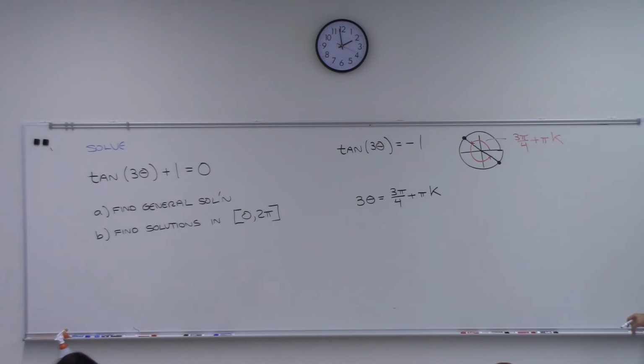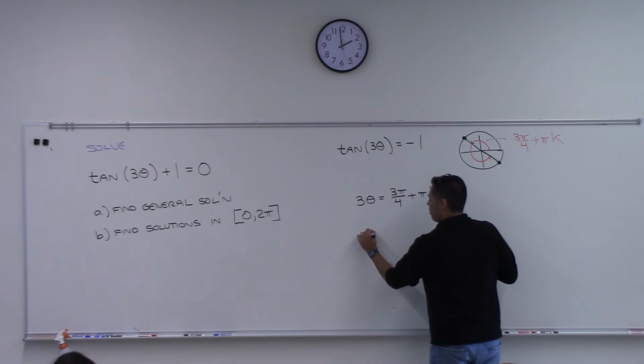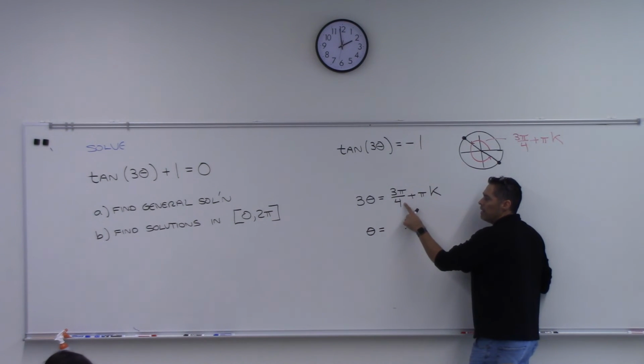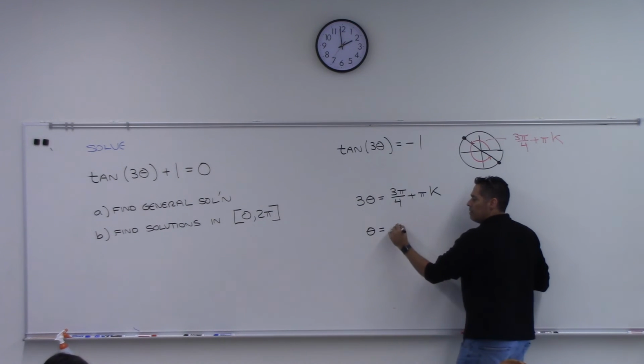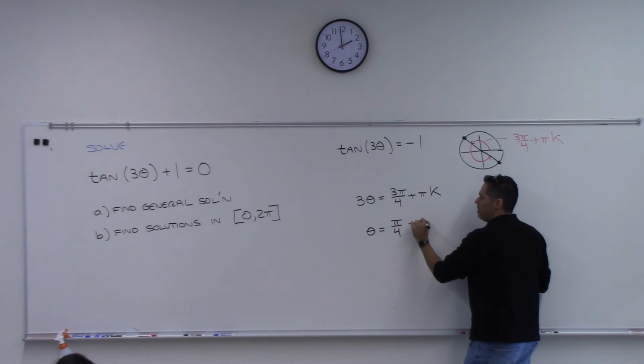I'd like to solve for theta. So what should I do to solve for theta? Divide everything by 3. So theta would be, if you divide that by 3, you would get a 12 on the bottom, but you could also just cancel the 3's, couldn't you? So that would be pi over 4 plus pi k.